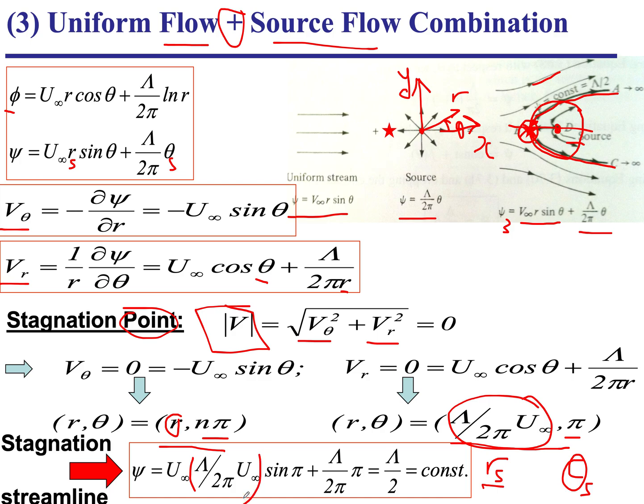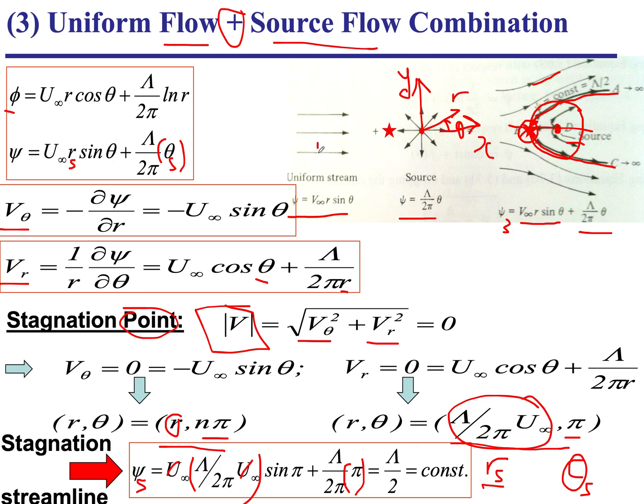So the u infinity cancels out. And for the theta, plug in pi. So the stagnation streamline, that should be sub s, the value of it is lambda over 2.